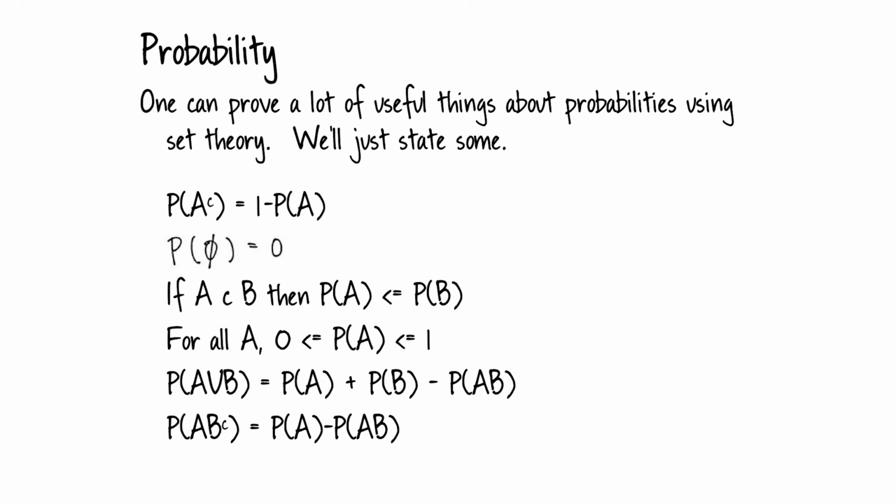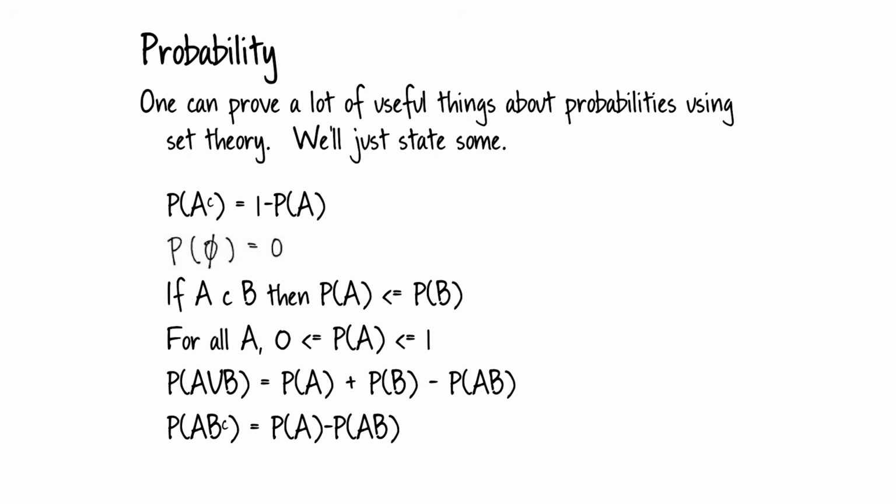Sometimes the probability of A complement could be difficult to compute, and the probability of A could be very easy to compute. So this result could be the easiest way for you to get at the probability of A complement.